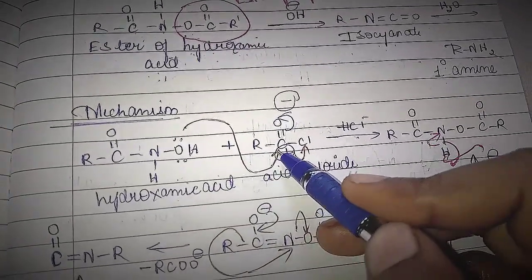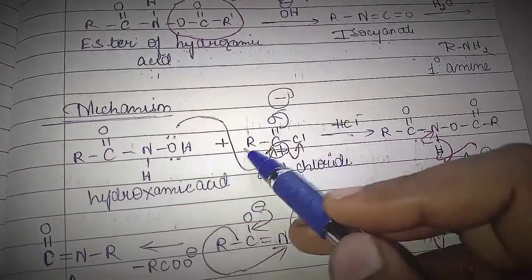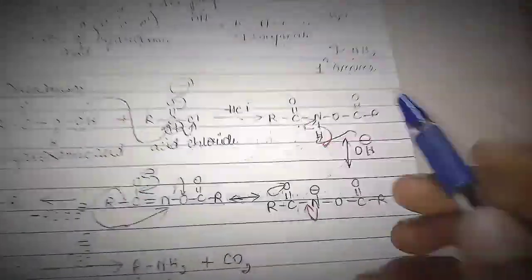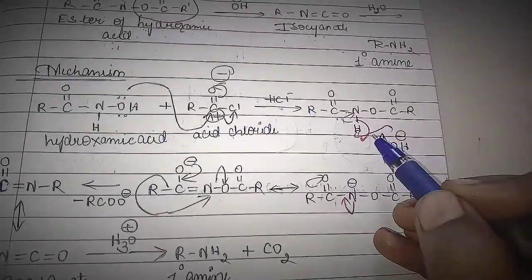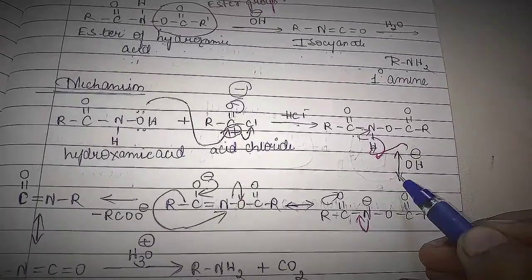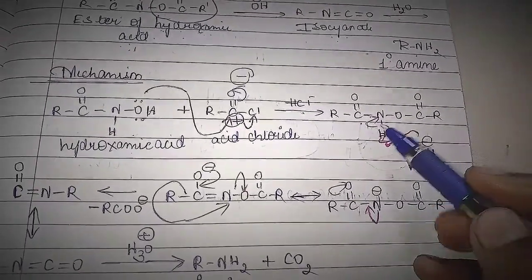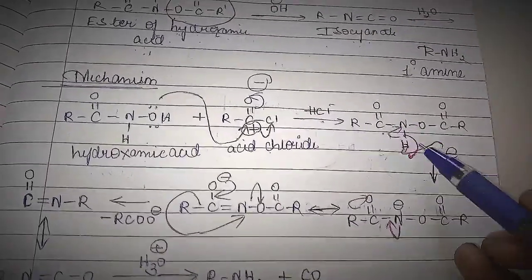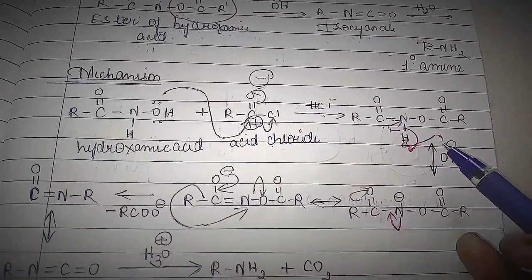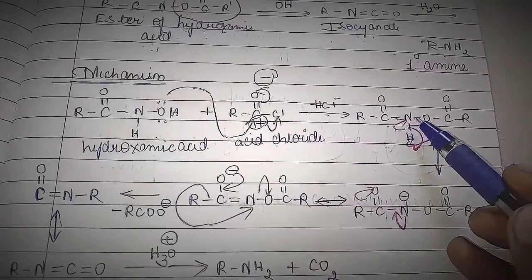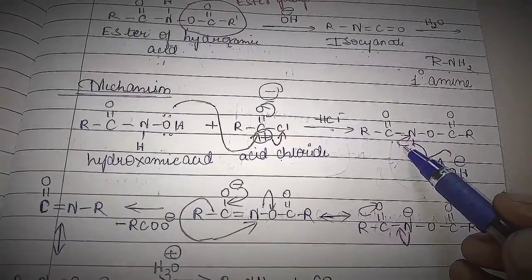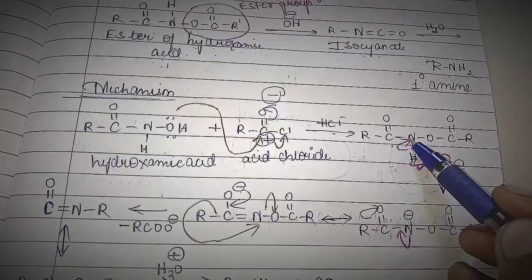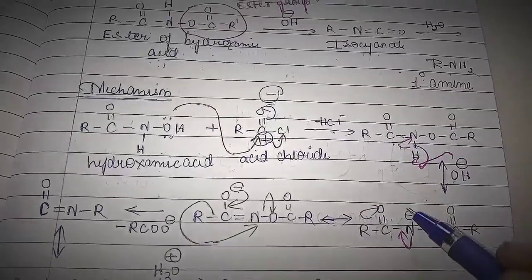Cl goes away as HCl. Now this ester of hydroxamic acid, when it is treated with the base, the base abstracts the proton attached to the nitrogen as H plus, that is it goes away as H2O, and the bond between N and H is abstracted by the N to form the negative charge.